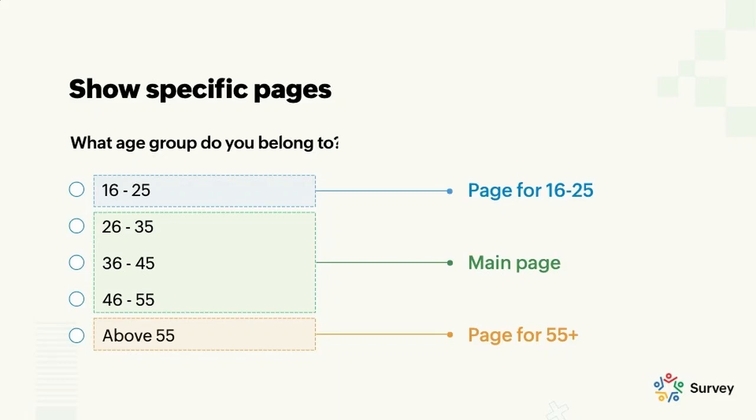So using page skip logic, they can make sure that people from the age group 16 to 25 see their page and their page only. And similarly, for the age group above 55, they are directly taken to their page. The rest of the pages are skipped, and they are directly taken to their relevant page, and the survey ends once they are done. So these are the two ways you can use page skip logic.